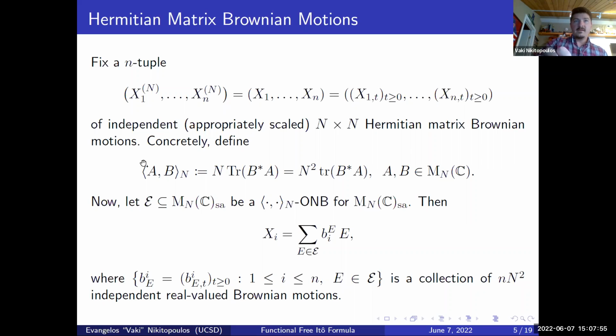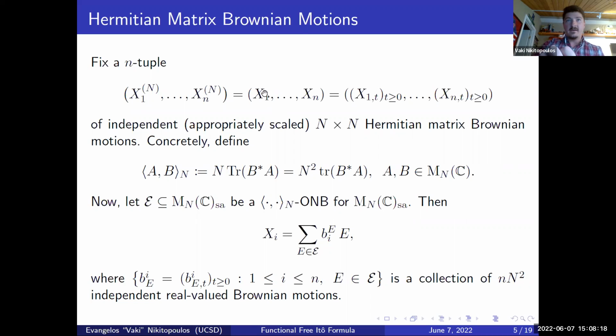So concretely, we're going to take this appropriately rescaled Hilbert-Schmidt inner product, and notice that this is a real inner product on the space of N by N Hermitian matrices. And we're going to let E be an orthonormal basis for this real vector space of Hermitian N by N matrices.